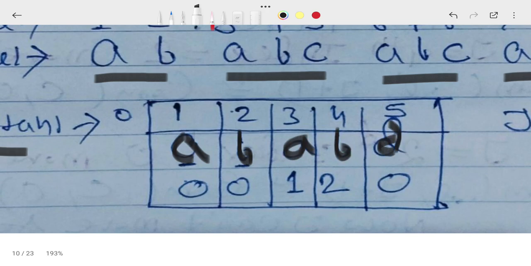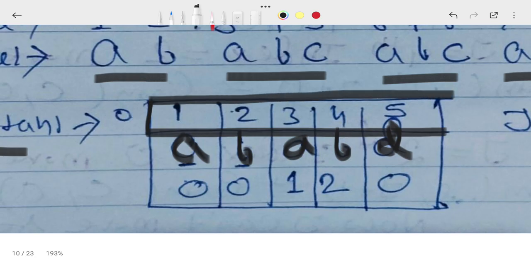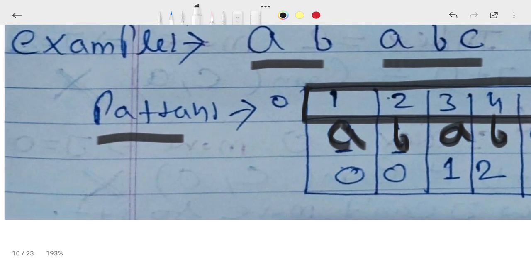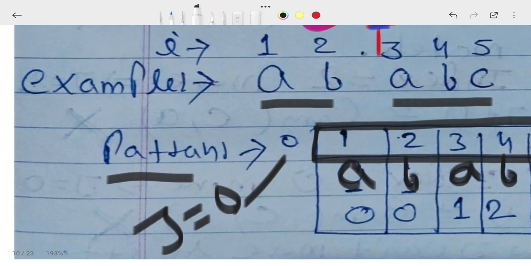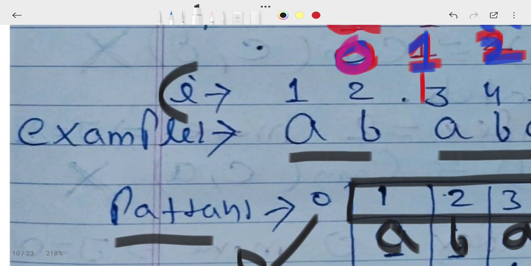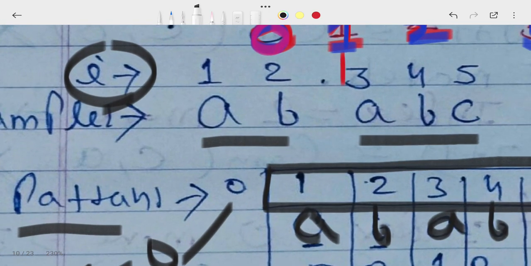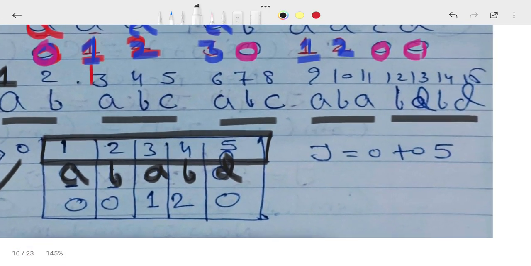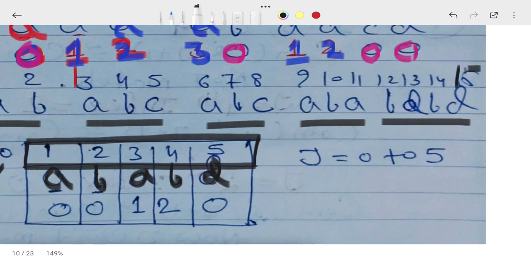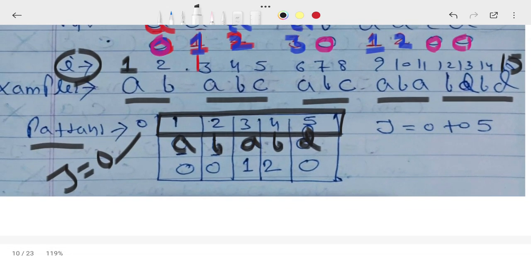You will write the pattern and you will write the index of the pattern, 1 2 3 4 5. Now J is working from 0, and I is working from here, and you will write all the index of your text 1 2 3 4 5 up to 15. Done. Now J is working from 0 to 5.